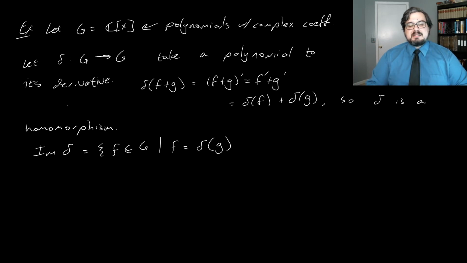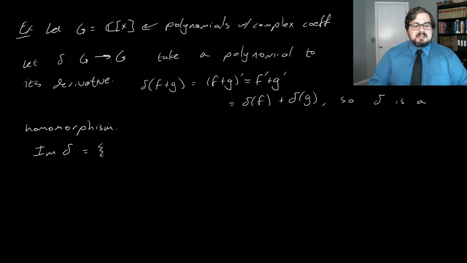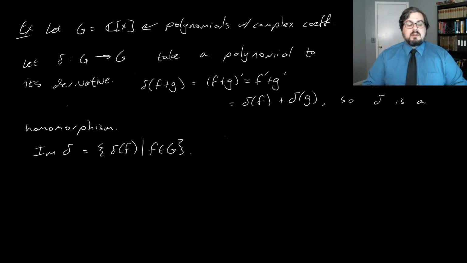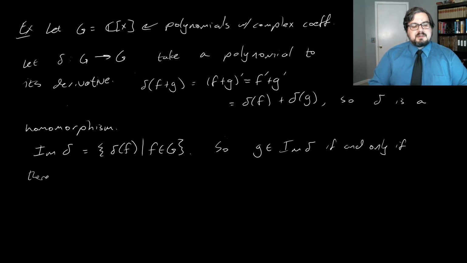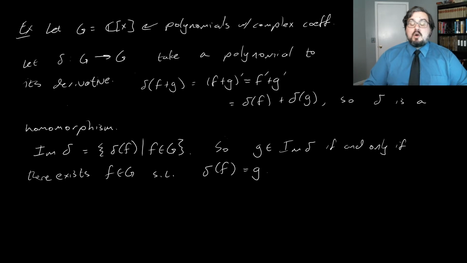The image of delta is simply the set of all delta of f's, where f belongs to G. And so this means that an element g is in the image of delta if and only if there exists an f in G such that delta of f equals g, or in other words, an antiderivative of g.